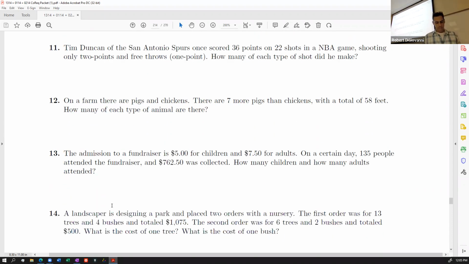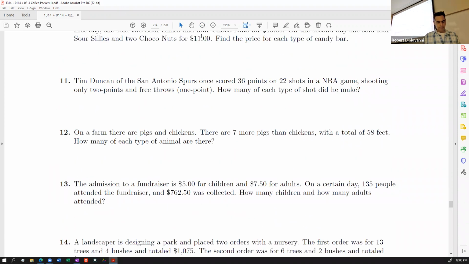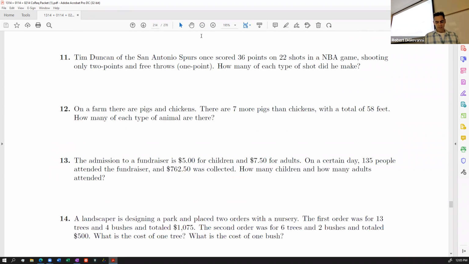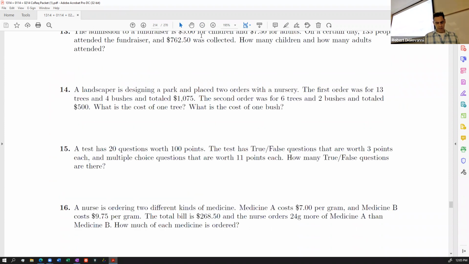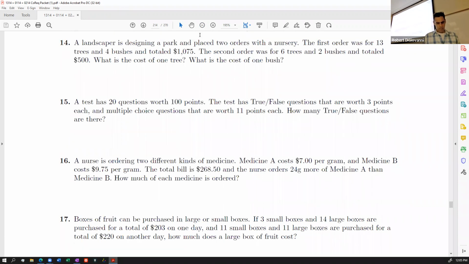And then what I'd like for you to do is from the packet. Let me see how many of these I want you to do. Let's do those right there. If you'd like, I'm just going to leave this up here.